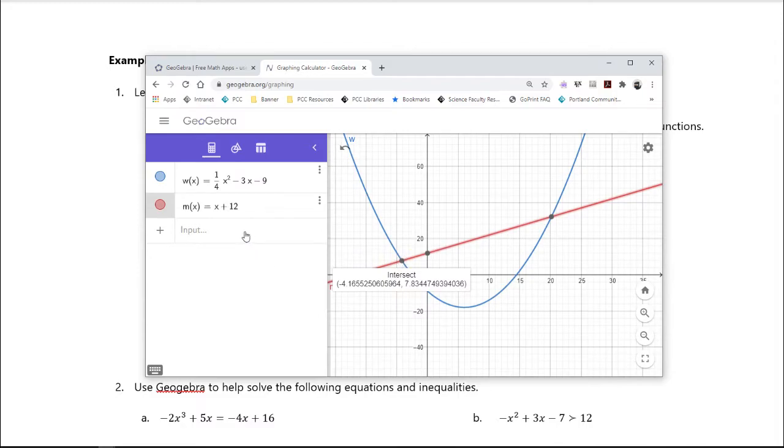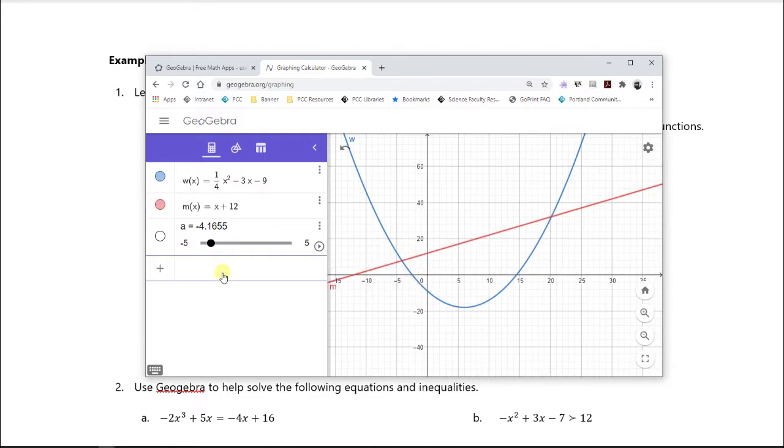So we have negative 4.1655, comma, and then it gets mad at me and changes it from a point. This is going to be a little bit of a thing that happens sometimes. That second value is 7.834.